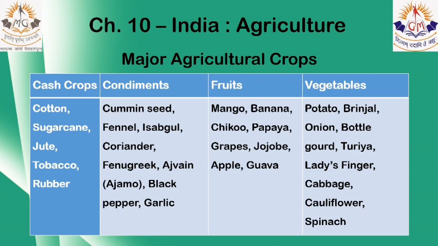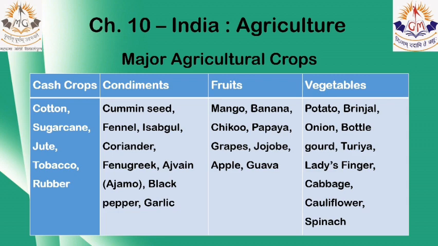Sugarcane is used for producing sugar, so lots in demand. Jute is also in demand for making lots of jute products. Tobacco, rubber extensively used in all the mechanical parts, electronic parts, tires are made, so constantly in demand, so it's readily sold. That's why they're called cash crops.